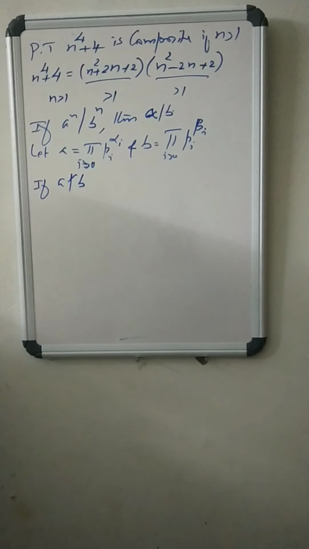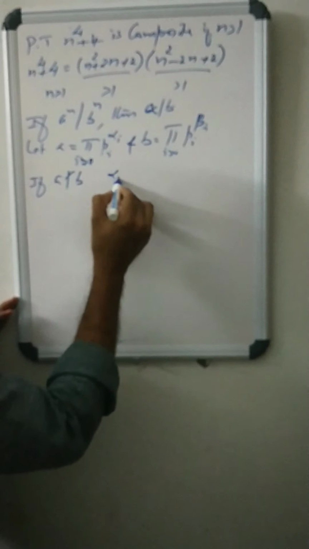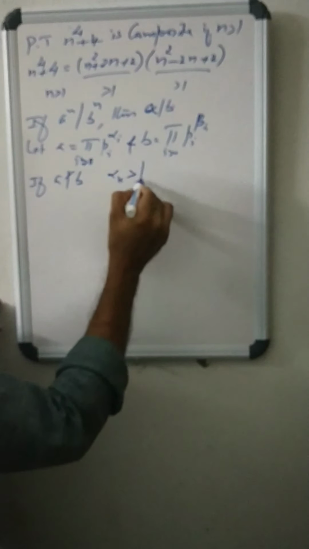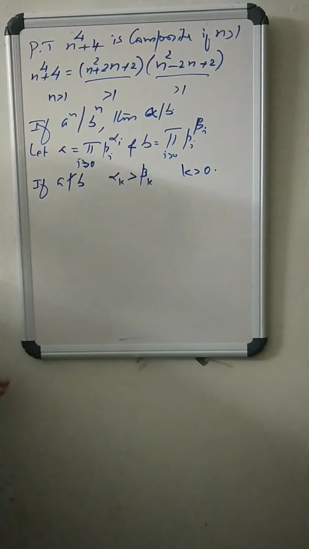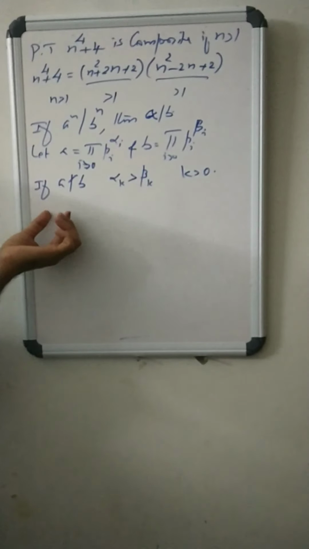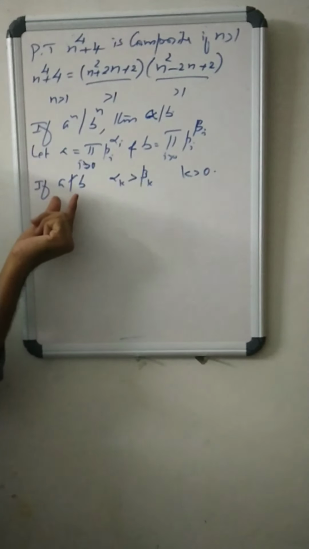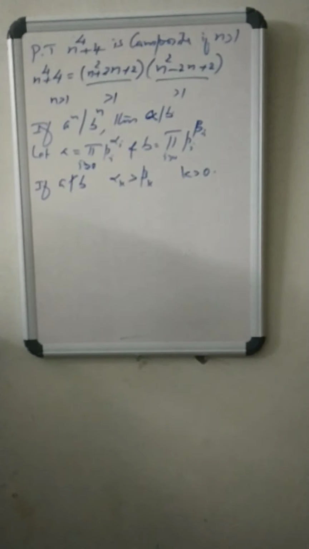When a does not divide b, a and b have prime factorizations like this, and from here we can immediately conclude that there exists some positive k such that alpha k is greater than beta k.